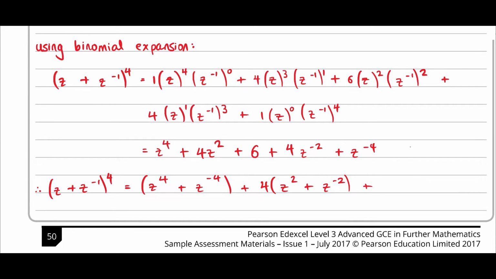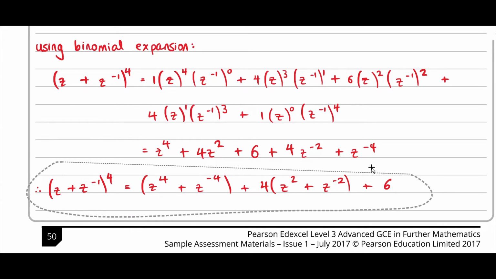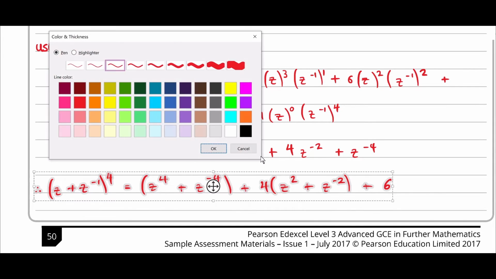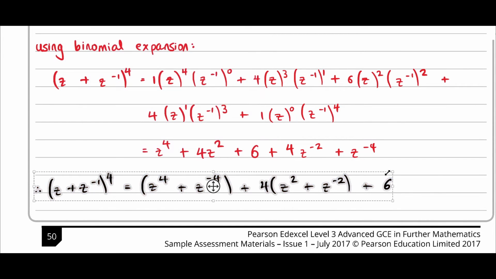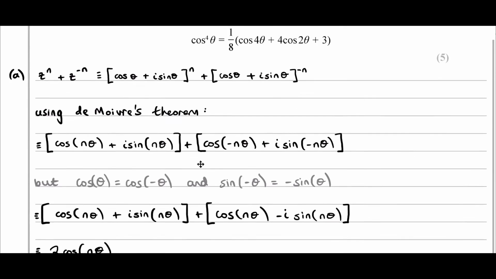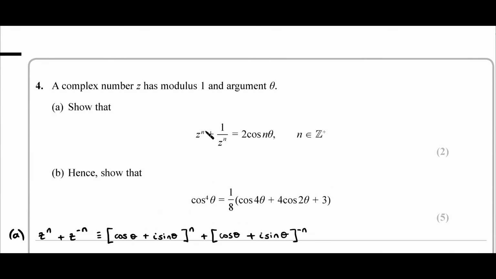Okay. And what we can do now is simply apply De Moivre's theorem. So let's just put all this in black for clarity. We can now use De Moivre's theorem, which simply states over here that z to the power of n plus 1 over z to the power of n is equal to 2 cos n theta.